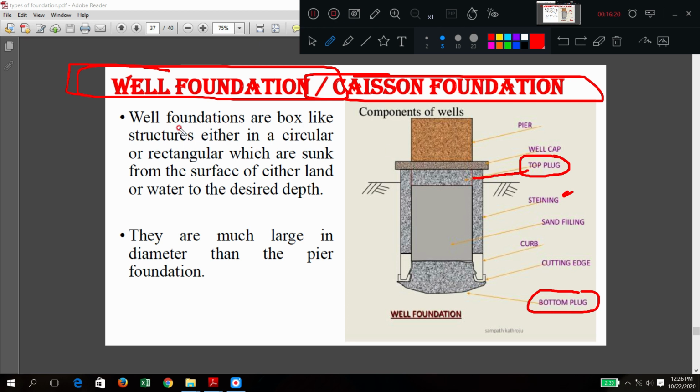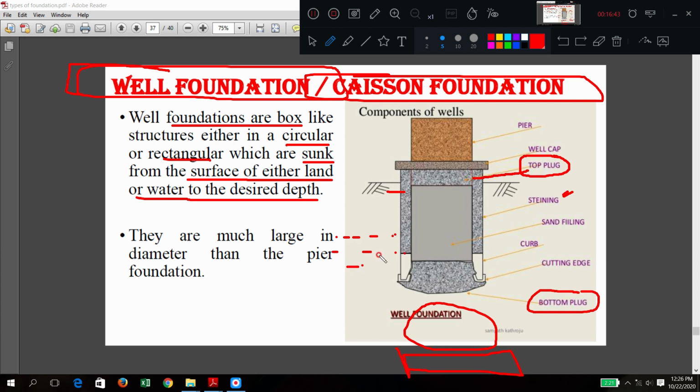Okay, here you can see well foundations are box-like structures. They may be circular or rectangular in cross section, which are sunk from the surface of either land or water to the desired depth. This may be land also, this may be water also, water up to here.